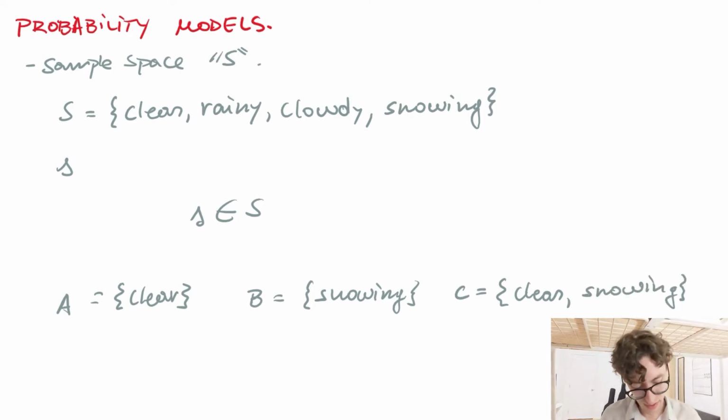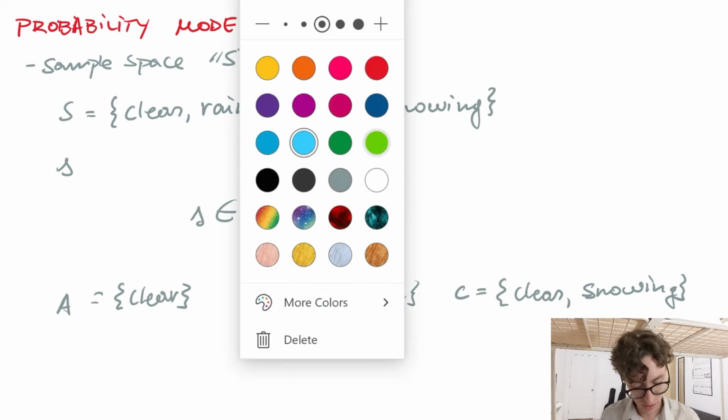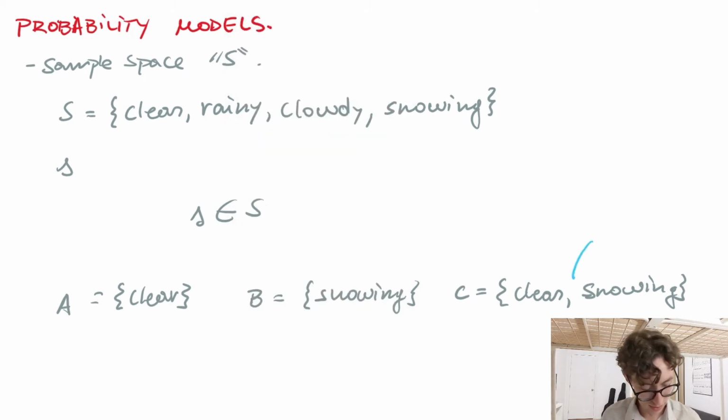Now notice I'm using a comma here. The comma that I'm using there means or. It doesn't mean and or anything else, it's or, meaning it's either clear or snowing. In this model that we have, it can't be both. So up till now, what do we have in our probability model?